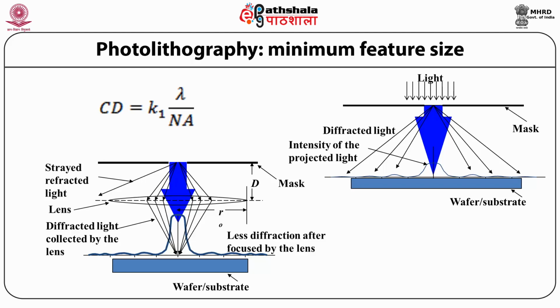So now in photolithography we use lenses, and the focal length of the lens is given by the lens maker's formula, which we already know, that is 1 by FL is equal to n minus 1 multiplied by 1 by RF minus 1 by RB, where n is the refractive index of the lens and RF and RB are the radii of curvature of the lens front and back surfaces respectively.